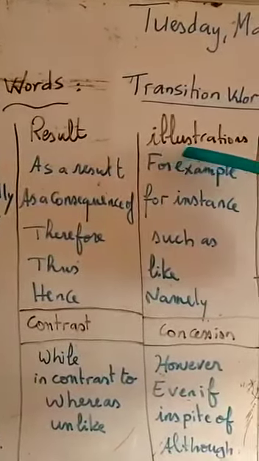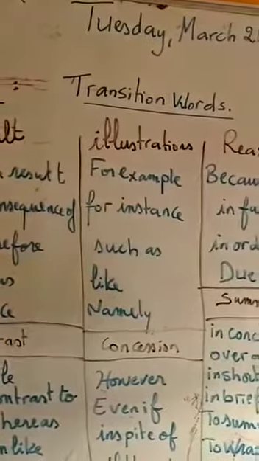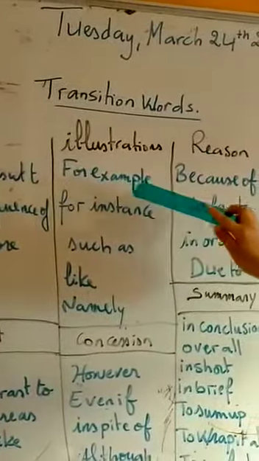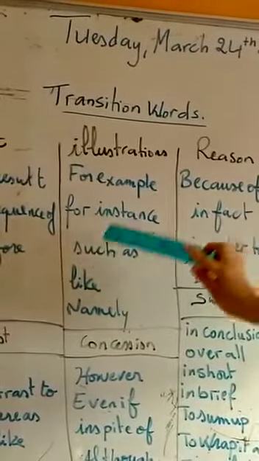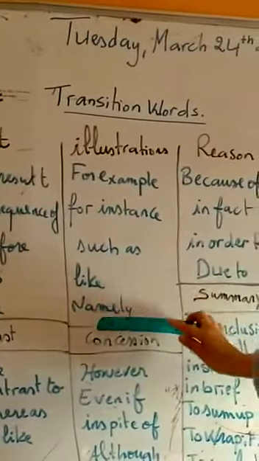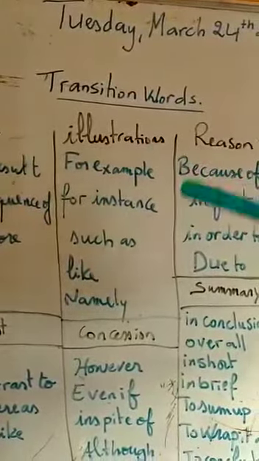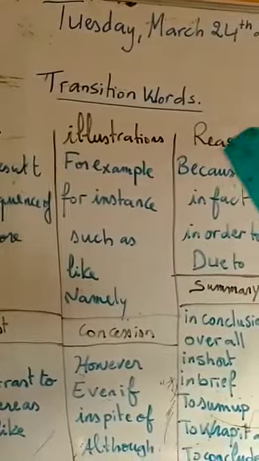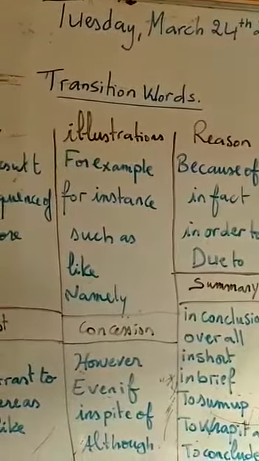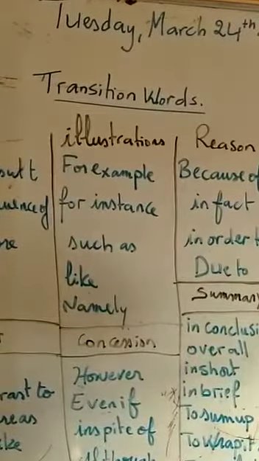Then if I want to illustrate an idea, what is illustration? Illustration is to give example. I can use for example, for instance, such as, like, namely. All of them have the same function اللي هي to illustrate an idea. For example, I will give you an example. I am interested in two things.